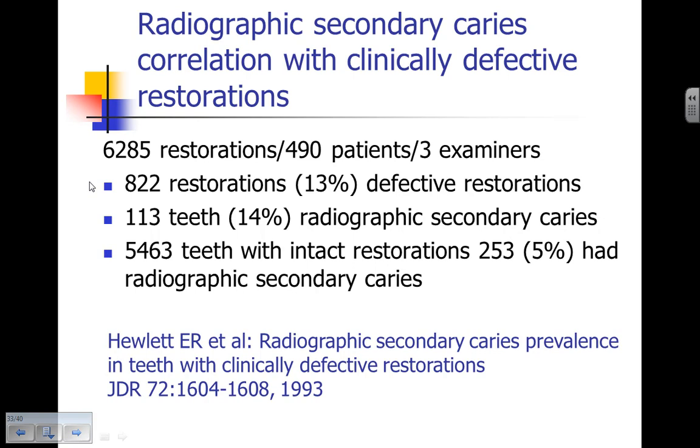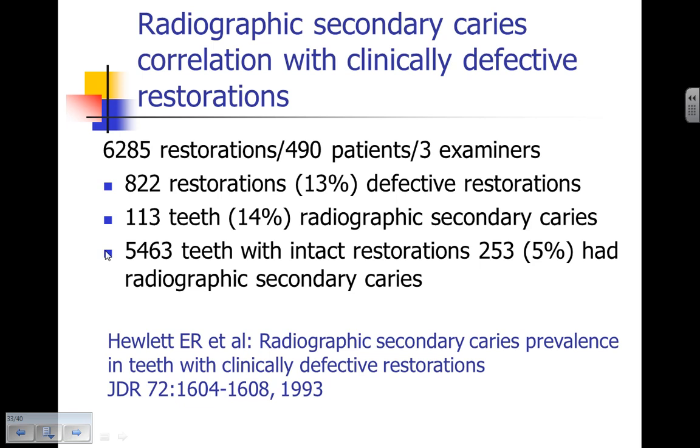To make that decision. So of the 6,300 that were examined, 822 of them, 13%, were considered defective. From a radiographic evaluation of posterior teeth using bite wing radiographs, 14% of these teeth, 113 of them, and that's 14% of the 822, had radiographic secondary caries.